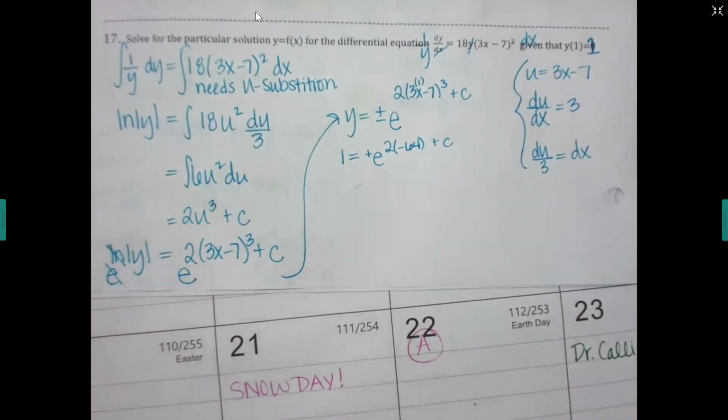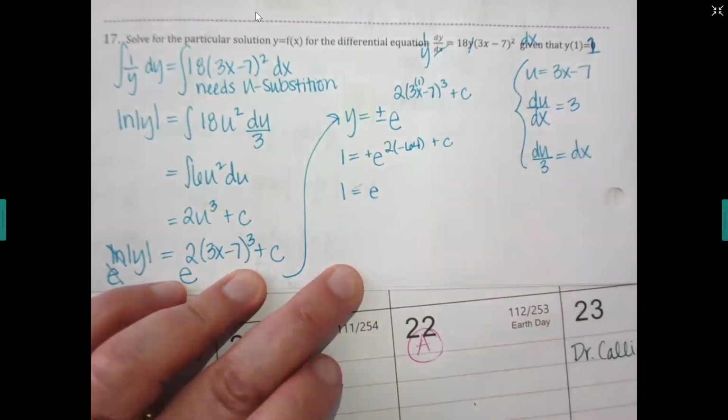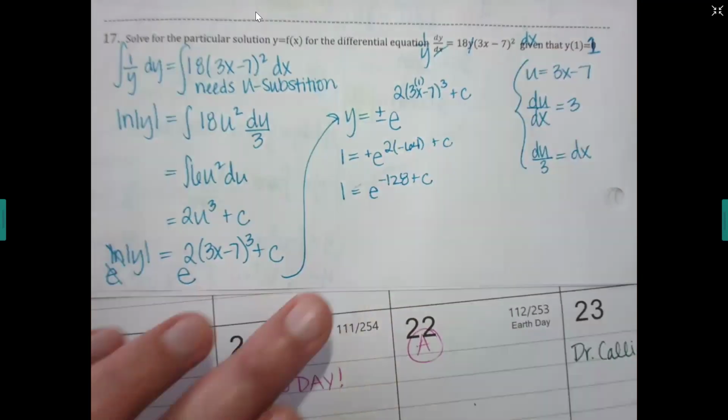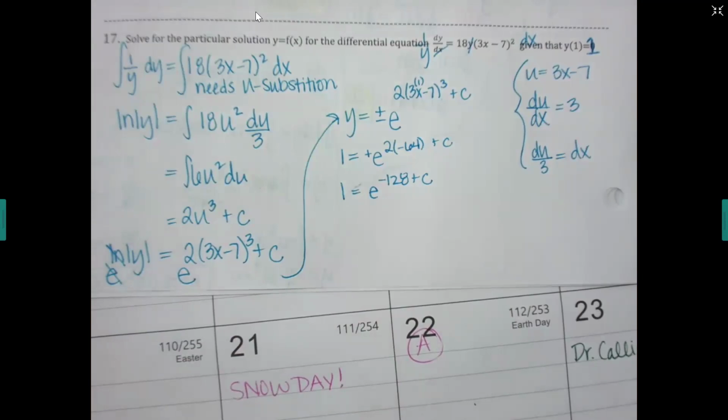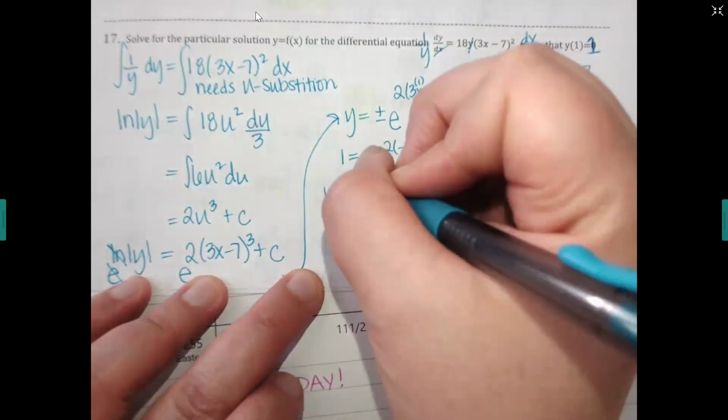Then from there, 2 times negative 64 is, do you know? Yes? Okay, from here, I still got to get to this c, but it has the e base. How do I undo the e? And what is the ln of 1 again?